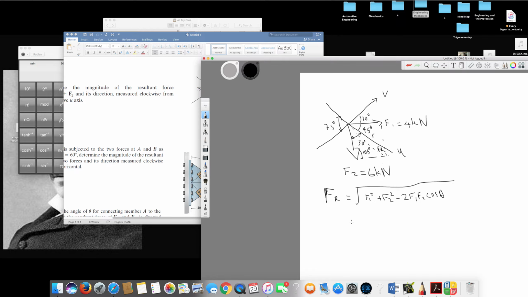F1 we already know is 4 kilonewtons. So 4 squared plus 6 squared minus 2 times 4 times 6 cosine 105. So this is the answer, and we can find it. 4 squared is 16. 6 squared is 36, minus 2 times 4 is 8. 8 times 6 is going to be 48. 48 cos 105.